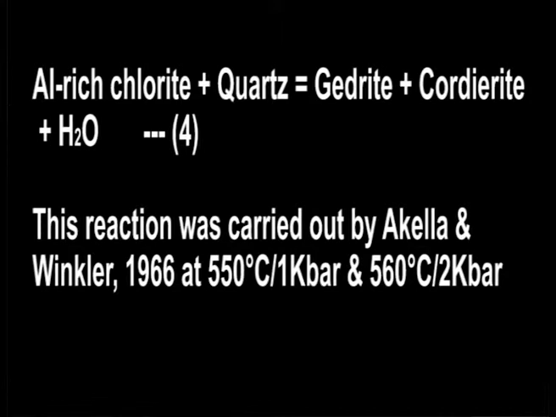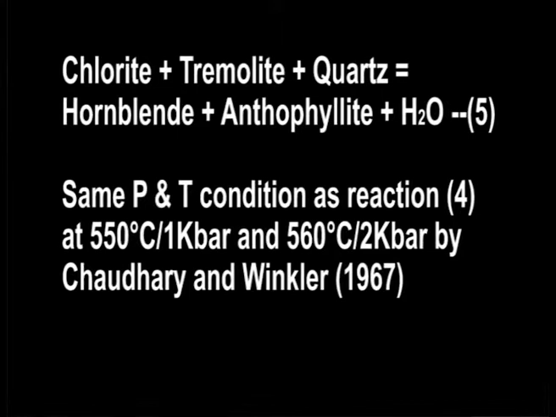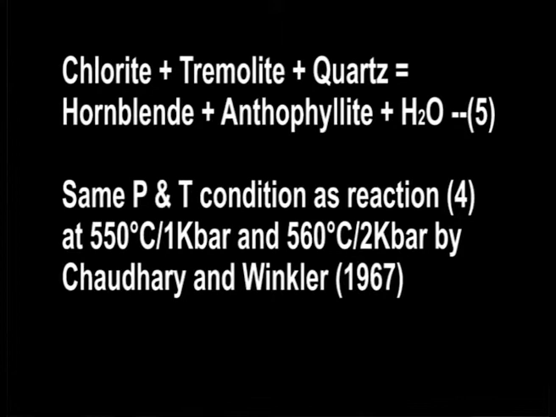at 550 degrees centigrade 1 kilobar and 560 degrees centigrade 2 kilobar. Another reaction is chlorite plus tremolite plus quartz gives rise to hornblende plus anthophyllite plus water at the same PT condition as reaction 4, that is 550 degrees centigrade 1 kilobar and 560 degrees centigrade 2 kilobar by Chaudhary and Winkler 1967.